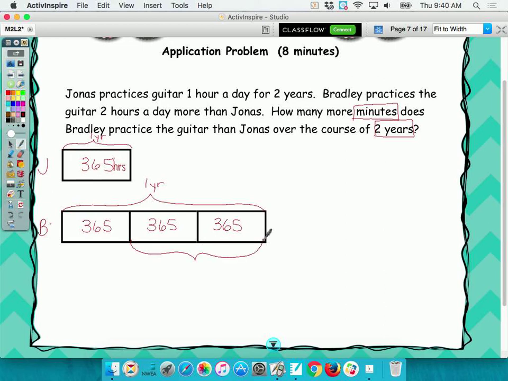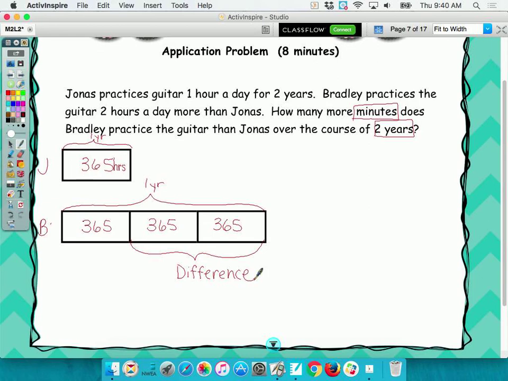What's the difference between the two boys' practice time? 2. These 2 extra boxes, right? So instead of multiplying times 3 and then multiplying times 2, why can't I just figure out the difference and then take it times 2 for 2 years? This is 1 year.